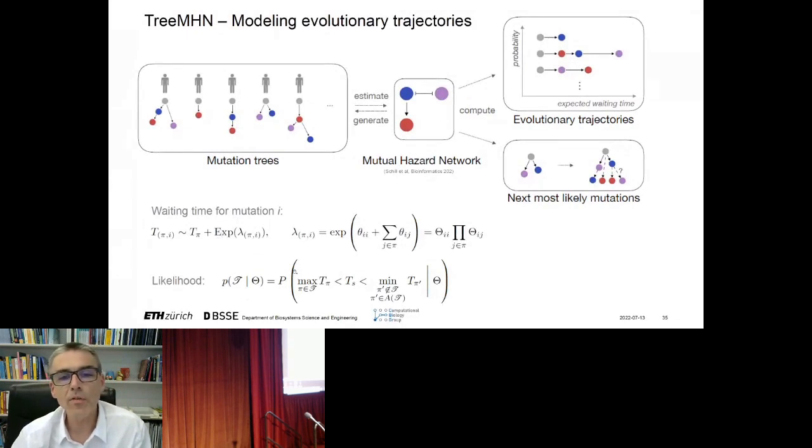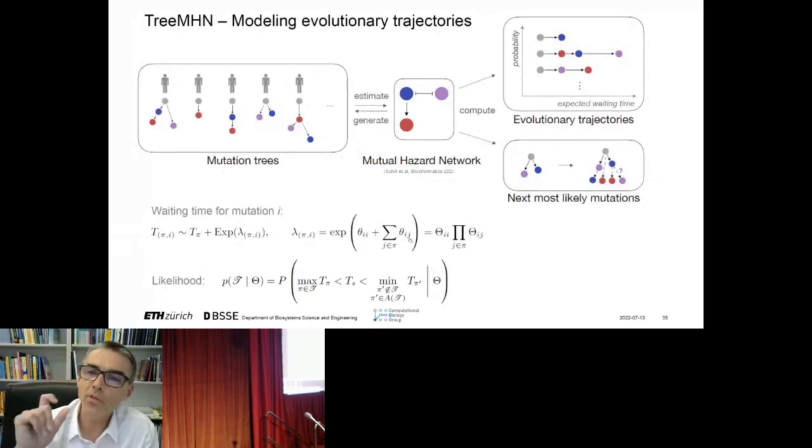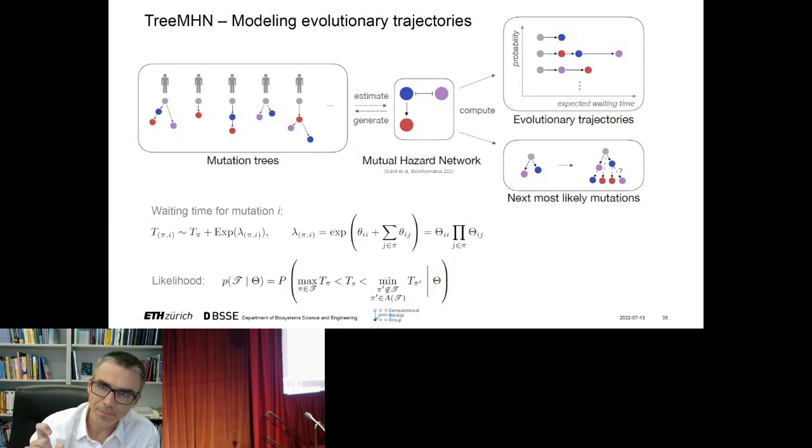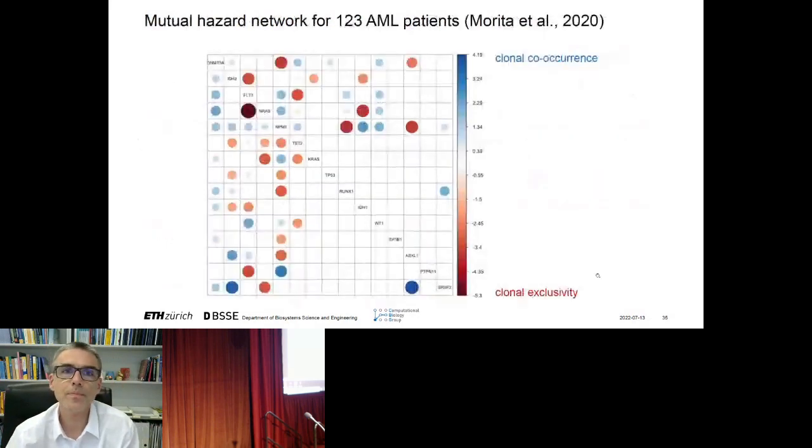The main thing is that the rate of these waiting times, denoted by lambda here, accounts for interactions among mutations, denoted by theta ij. This parameter, whether it's positive or negative, tells us whether there's a positive or negative interaction between two mutations, which is interpreted as preferring exclusivity versus co-occurrence.